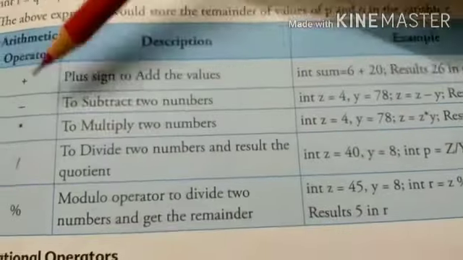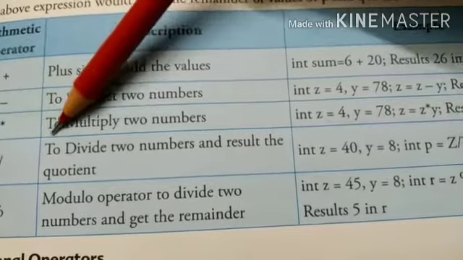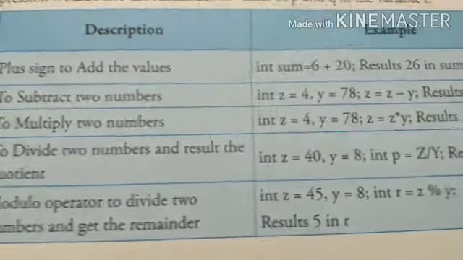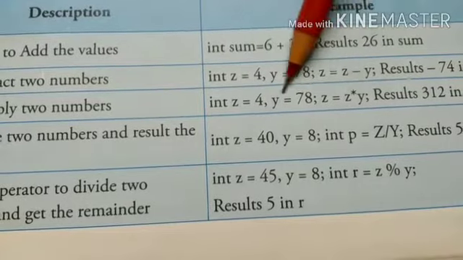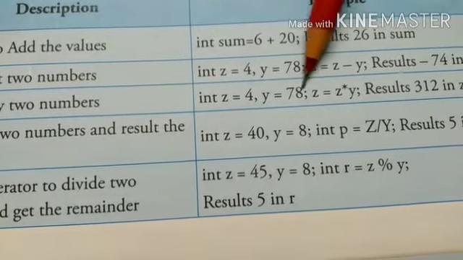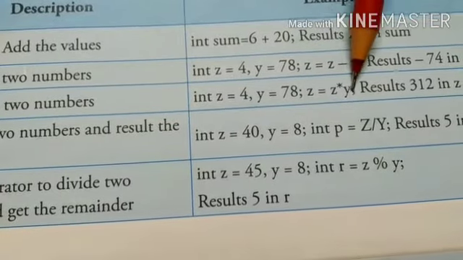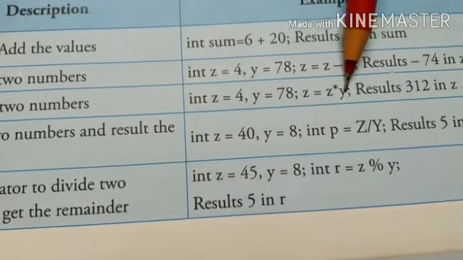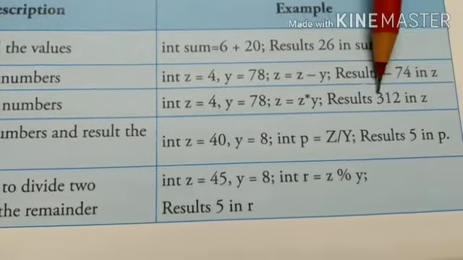The next one is multiplication. The asterisk sign is used to multiply two numbers. As you can see, int z is equal to 4 and y is equal to 78. If we write z is equal to z into y, it means we need to multiply. It will result in 312 in z.